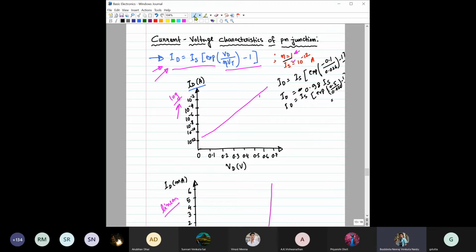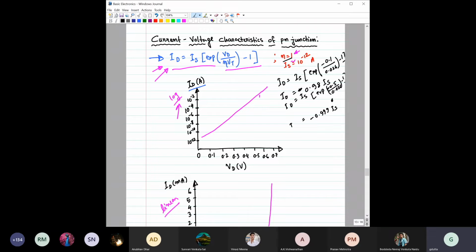Uh, 7543.5 IS. Sorry, I made a small mistake here. I should put a minus sign, right? Because we are considering the reverse bias case. Sir, so minus 0.9999 IS.